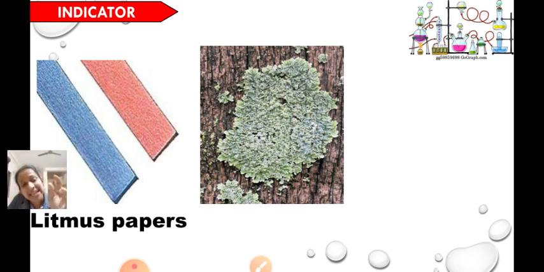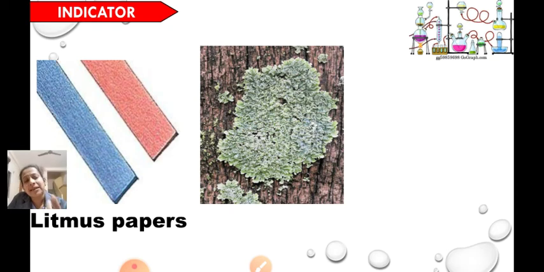And from this lichen itself, what is made? Litmus papers are made. Okay, and the extract of the lichen plant gives this color to them. Fine. So there are two different types of litmus paper. One is blue litmus paper, another is red litmus paper.